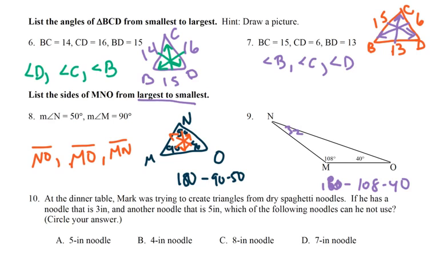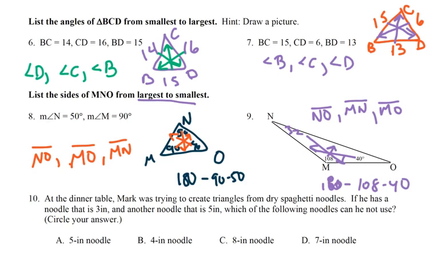So I'm going to start with my 108 to get my largest, which is NO. Then 40, which will give me MN. And then finally 32, which goes straight down, which is MO.